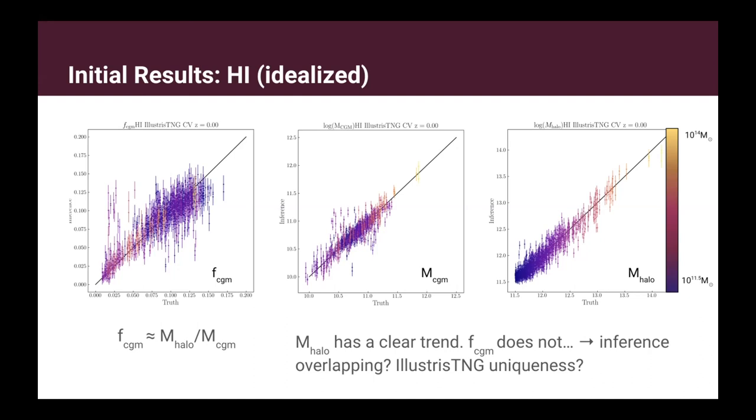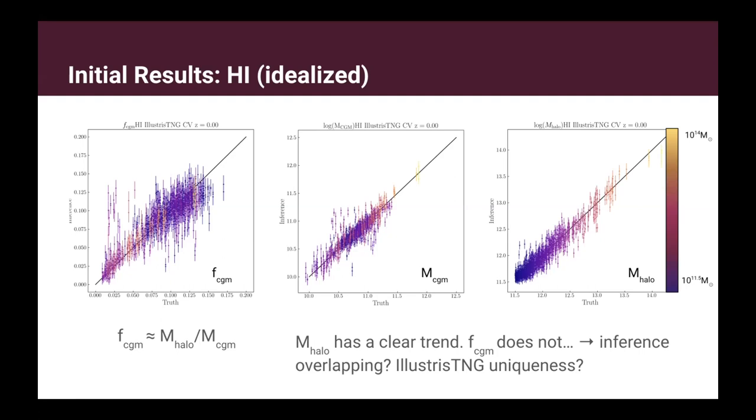And there might be two reasons for this. One is that, for the spread, I sort of think there's an inference overlapping going on, where if FCGM is related to both mHalo and MCGM, and we're also testing and training for those two properties, there might be some sort of bleed between what the network is inferencing over.